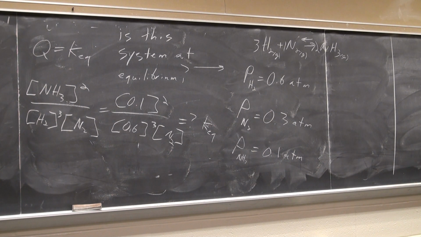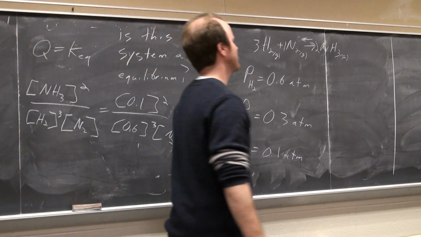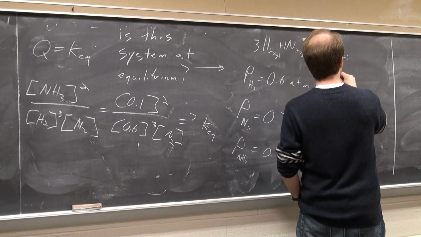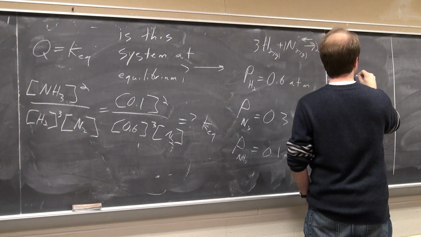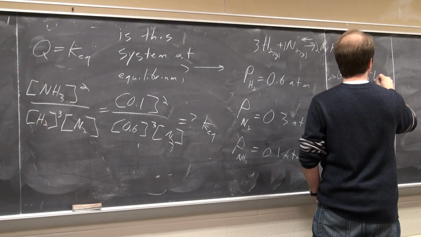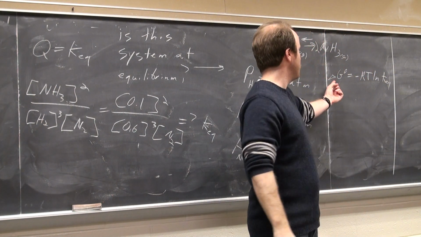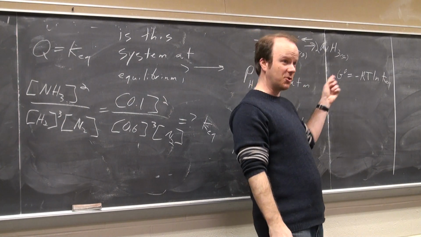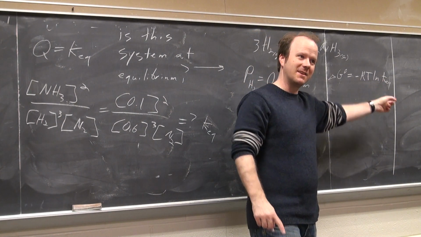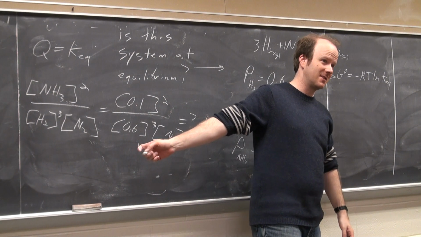You use the delta G equation. You could use delta G0 is negative RT ln KEQ, right? Maybe you have a table to find delta G0 for this reaction so you can get to the equilibrium constant. Then you can do this.